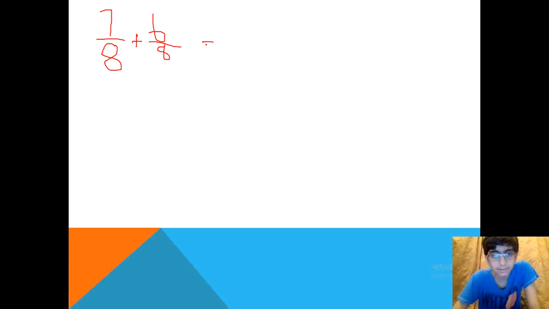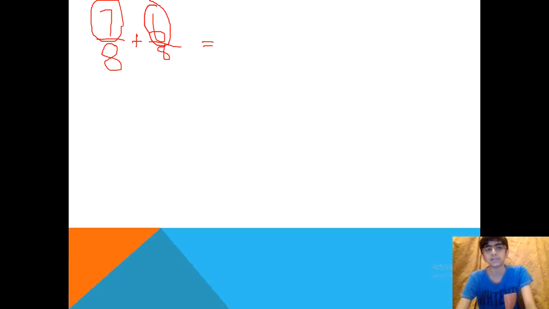Now this won't be too difficult because we just have to add the numerators up. But in this we will have to use the conversion rule instead of the simplification. 7 plus 6 is 13. So we write down 13 as the numerator, then draw the bar and then 8.